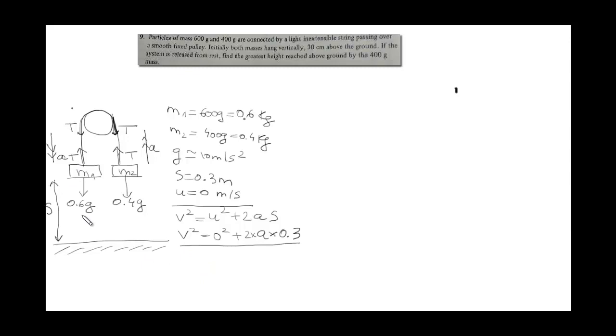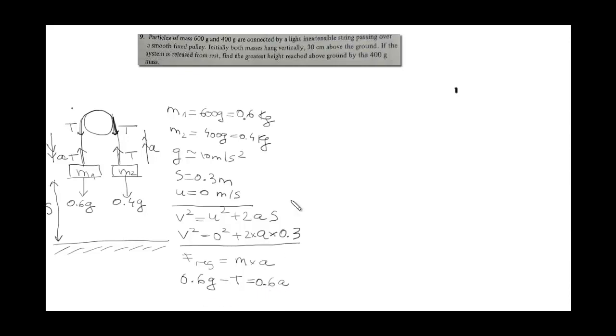When we examine only the first particle, we can write Newton's second law, the resultant force equals mass times acceleration. F resultant equals mass times acceleration. The resultant force, given that the first particle moves downwards, is 0.6 g minus T equals the mass, 0.6, times acceleration.